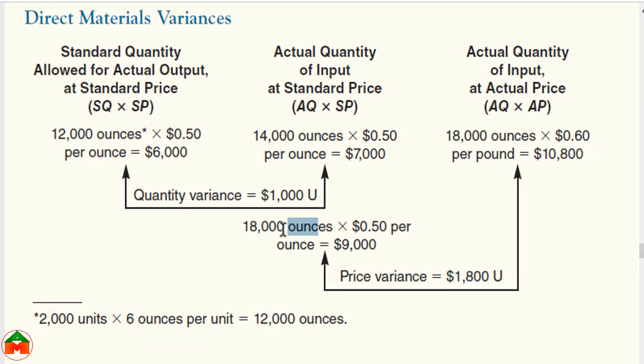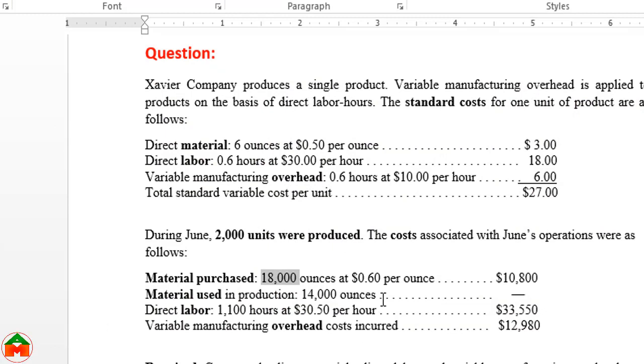So for the price variance we use the actual material purchased, and for the quantity variance we use the actual material used. So again, actual quantity is 18,000 ounces and actual price is 0.60, from the question.